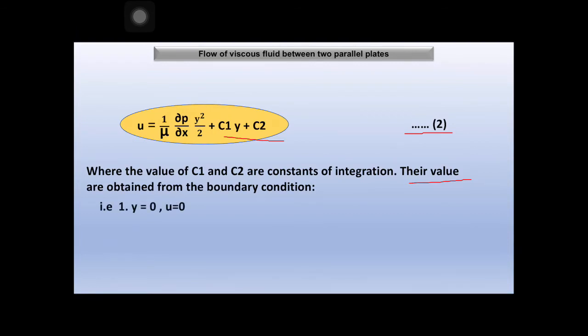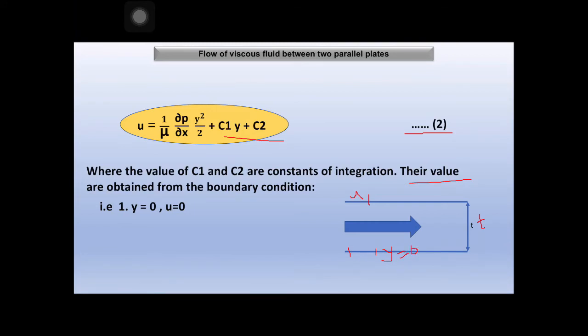In order to get the boundary conditions, we need to assume this diagram. This is a lower plate and this is an upper plate, and the distance between these two plates is t. The first boundary condition will be at the lower plate, and the second boundary condition will be at the upper plate. Here the lower plate is at y equal to 0.